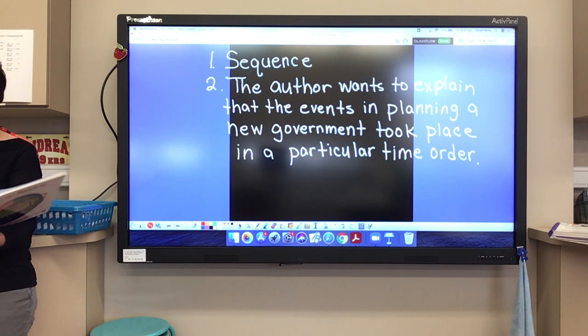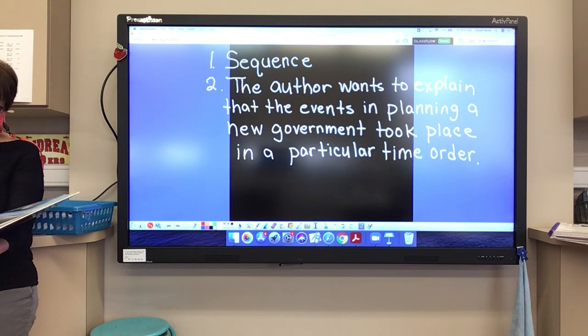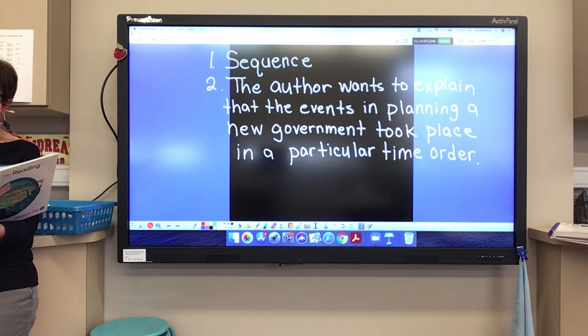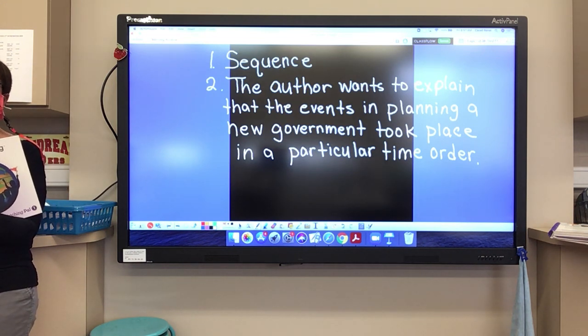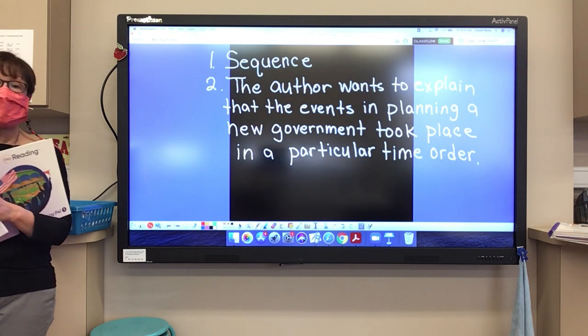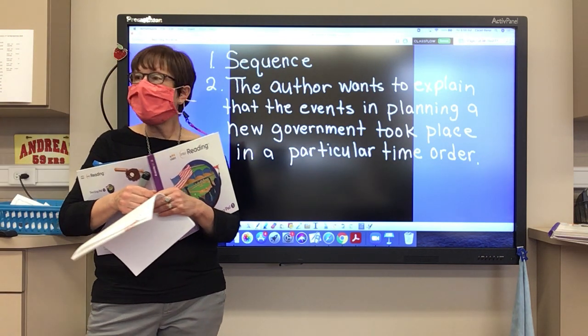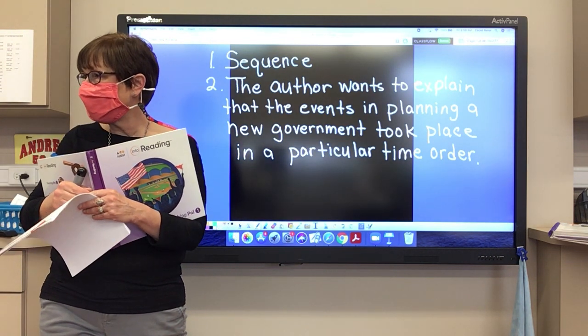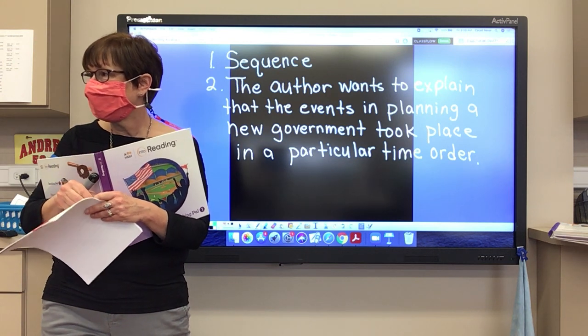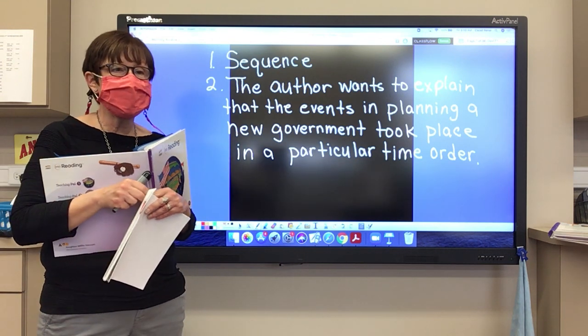What do you think? So you get to choose any section of the story, and you're going to decide what text structure did they use for that part of the story?